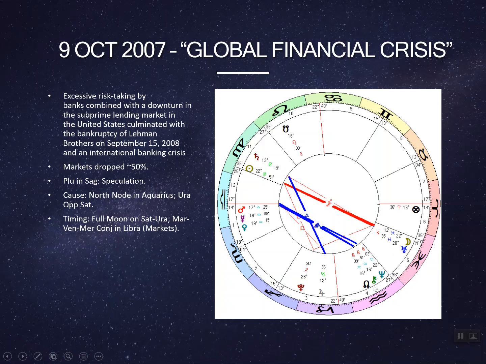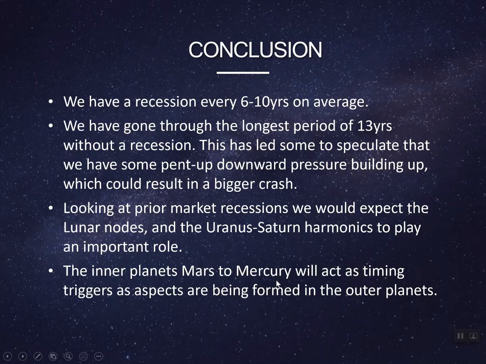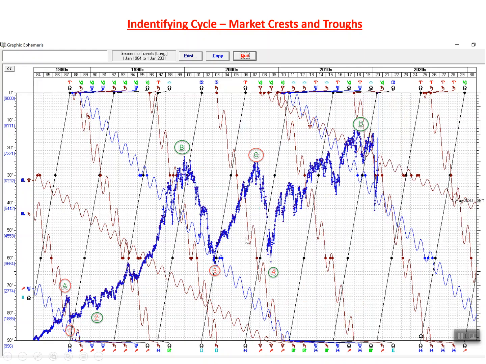So two factors were at play here. It was the fact that there was a hard aspect between Uranus and Saturn, and the fact that the North Node was in Aquarius. Let's have a look at that. On the graph, we can see the North Node in around 2006 had moved through Pisces, and in 2007 had entered into Aquarius.